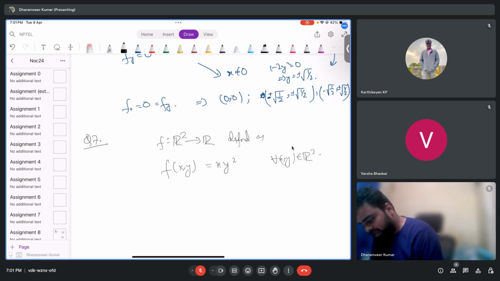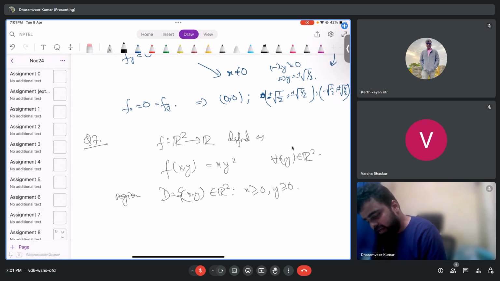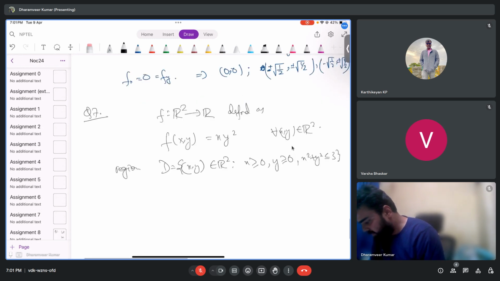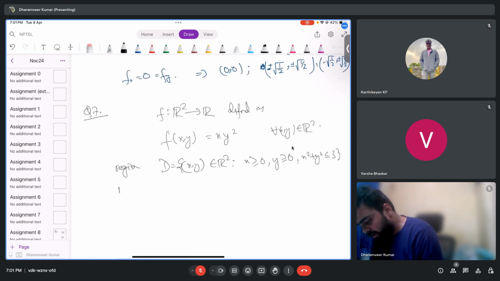And the region D is such that x is greater than or equal to 0, y is greater than or equal to 0, the first quadrant, and x square plus y square less than or equal to 3. Find the maximum and minimum of f over D.